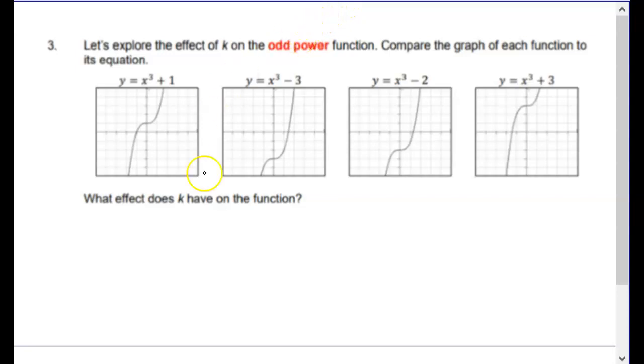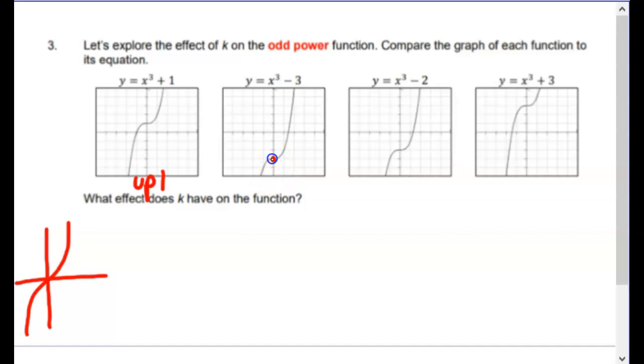All right, these show an odd power function. So the initial function just looked like this. What did a +1 outside, not inside the function here, but on the back, what did that do? This shifted it up 1.